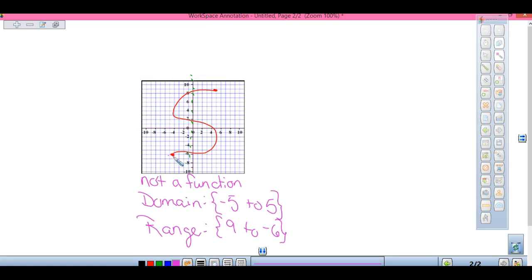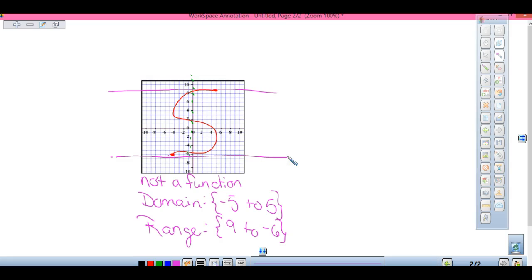Okay, so the range is where can my y's be? My y's get cut off from there to there because my y's are up and down. So this graph goes from 9 all the way down to -6.